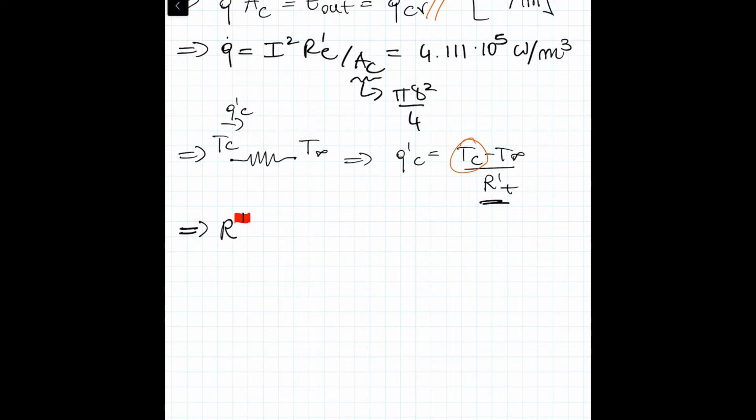So R_T is equal to 1 over h average D times pi D. Okay, so now you can start understanding why at the beginning of the recording I said this is an external flow problem. Here we have an h_D that's our unknown, and we have to find it.